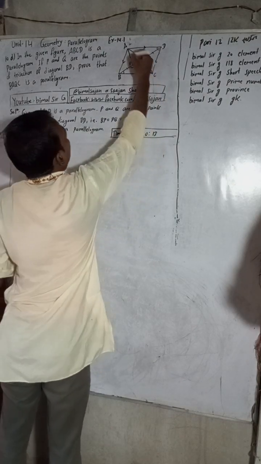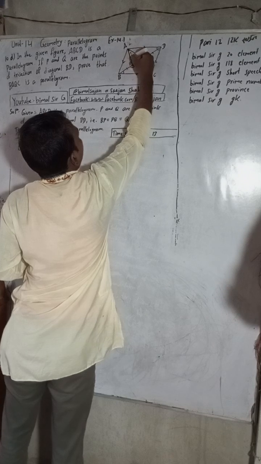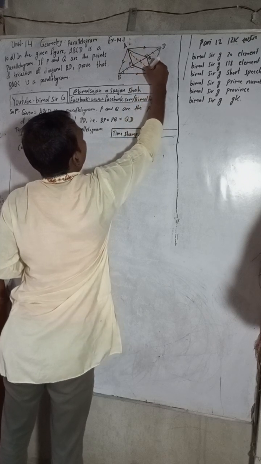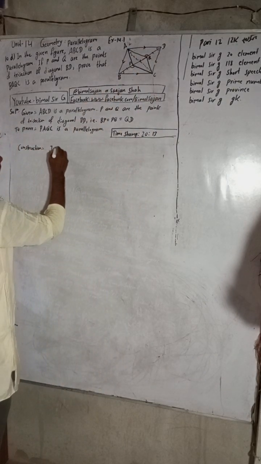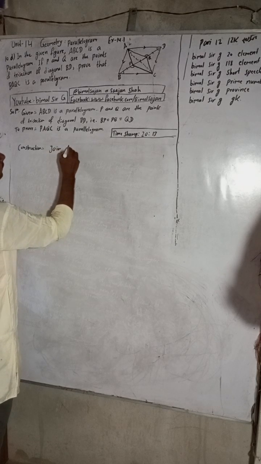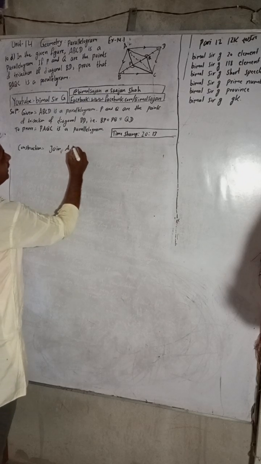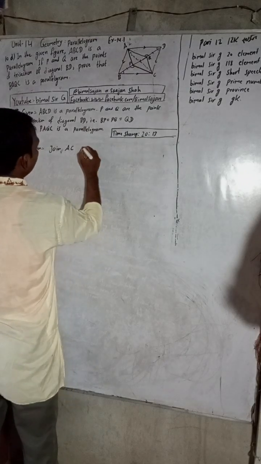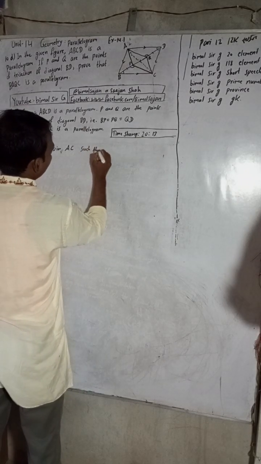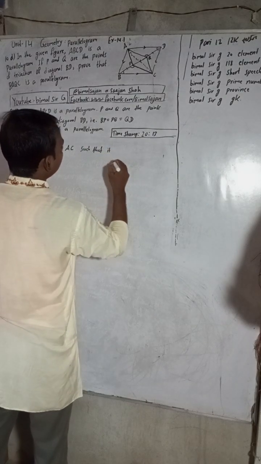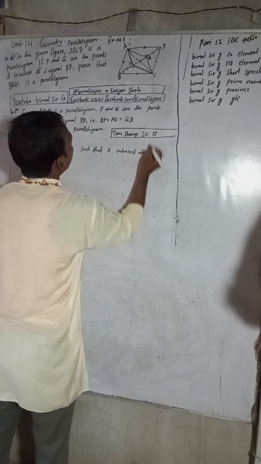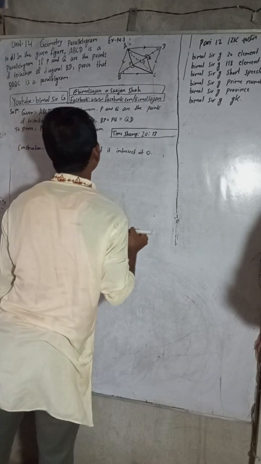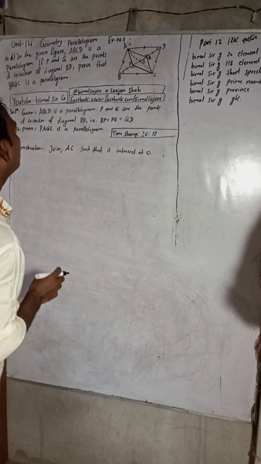Suppose you join this, then write here: join AC such that it intersects at O.